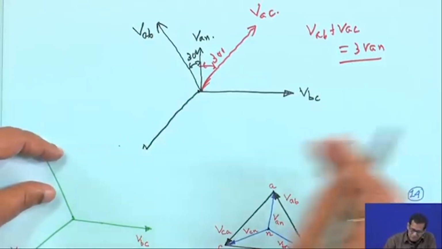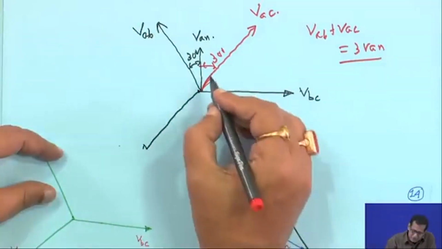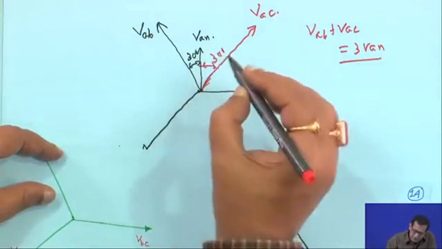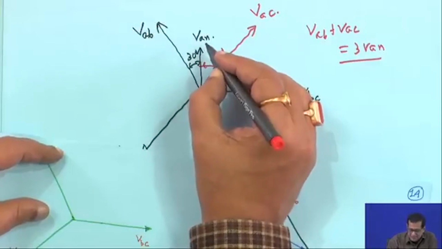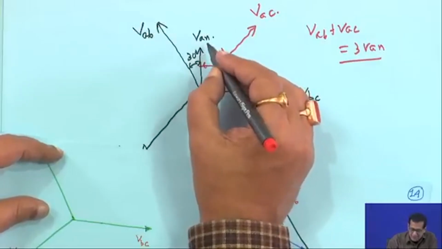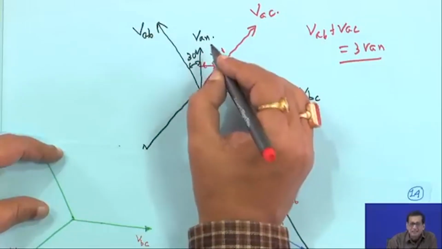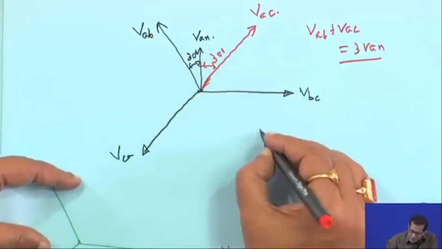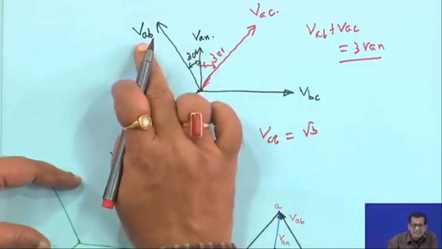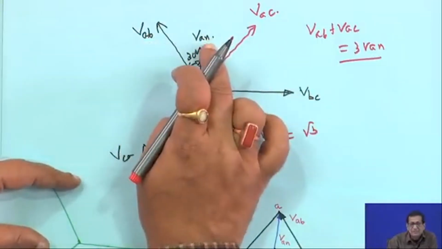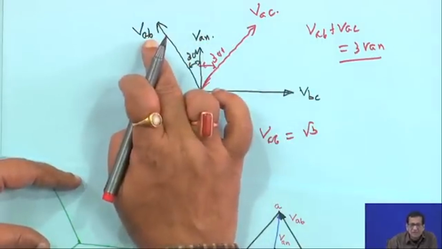So, the question is that here also it is the same thing. If you take VAN as a reference, suppose VAN is equal to VAN angle 0, right, then VAB will be root 3 times VAN, because VAN is a phase voltage, that is phase to neutral, and VAB is a line to line voltage.